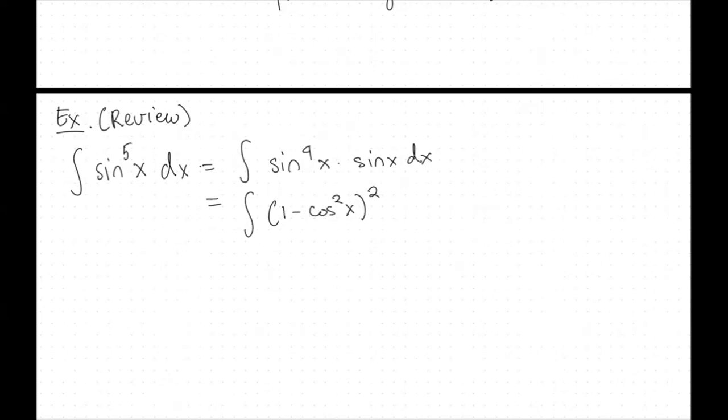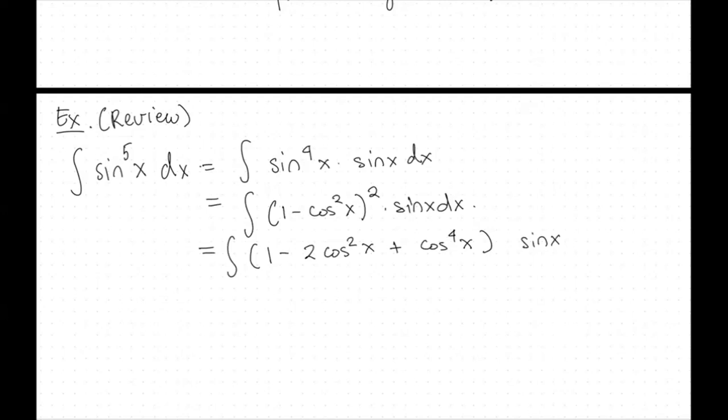Of course, we copy that twice, and then sine of x with respect to x. So here, we will expand this part. This is 1 minus 2 cosine squared x plus cosine to the fourth of x, and then sine.